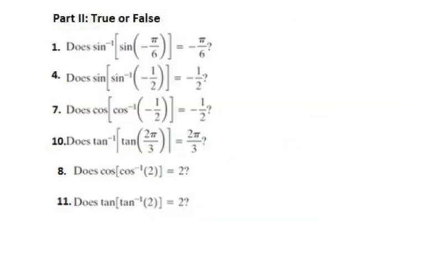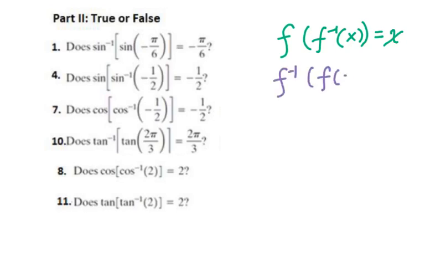Now let's go to part 2, true or false. As we know for inverse function, f of inverse of f of x, you will get x. Then inverse f of f of x, you will get x. Is it true for inverse trig function?